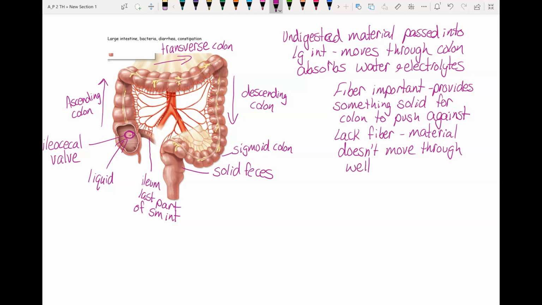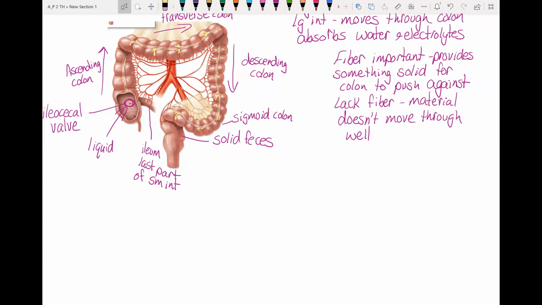Movement through the colon tends to occur in what's called mass movements. So it's not a slow, steady movement like through the small intestine. It's rather a few times a day it moves a long distance. And these tend to be triggered by the filling of the stomach.